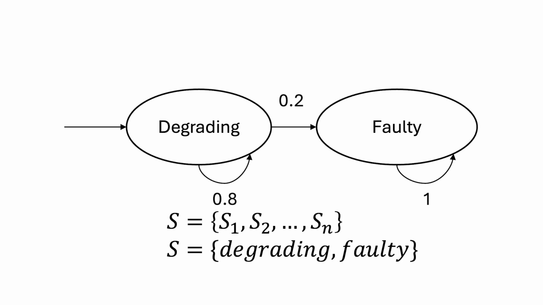In that case, the state space is the set with the states degrading and faulty. If this was a general system, you could consider n states, and the state space would be the set of all those states, from S1, S2, S3 to S of n.